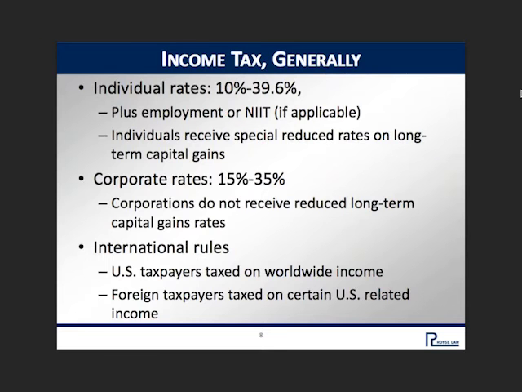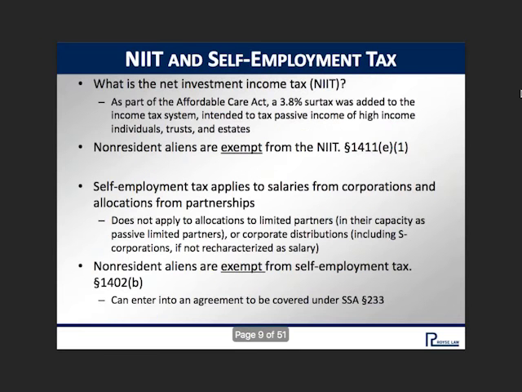I briefly mentioned this net investment income tax. This is a 3.8% tax. It's a concern to U.S. residents, but if you're a non-resident alien and you don't have presence in the U.S., you can probably avoid being liable for these two taxes. I guess somebody had a good lobbyist on this one.